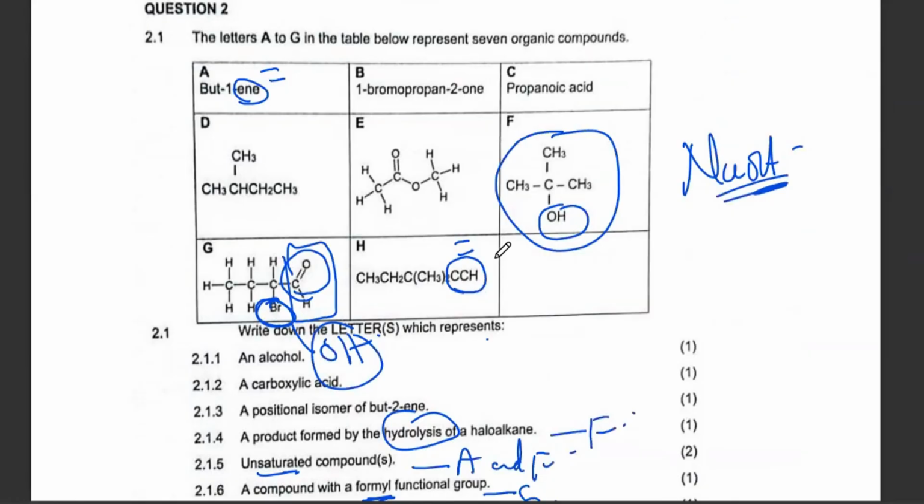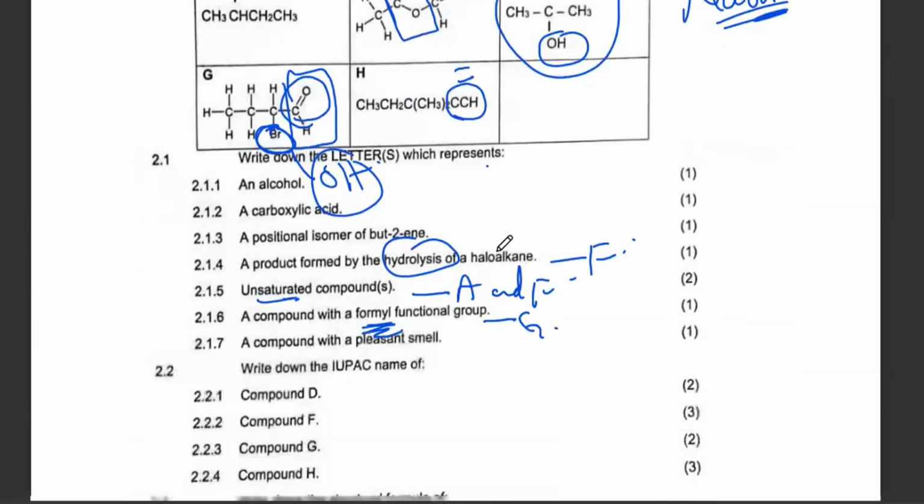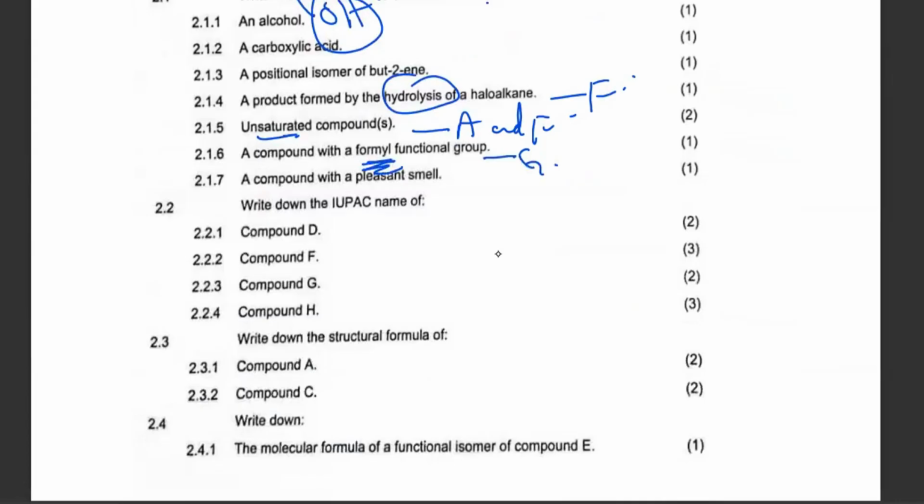So the answer here, we have to look for what has a sweet smell, and in most cases it's supposed to be an ester. So here is an ester. You see? Yes, so the ester is there. So the answer becomes E.